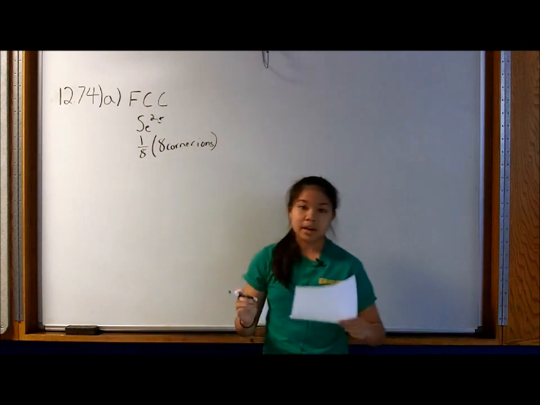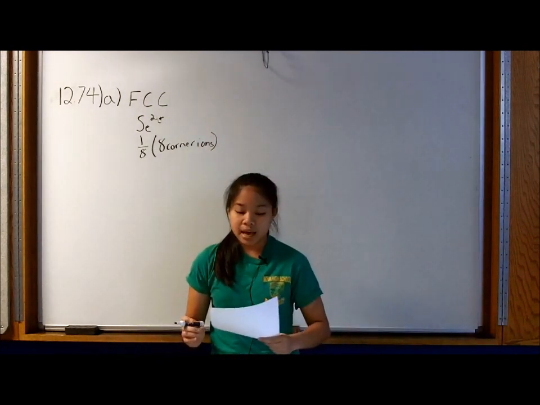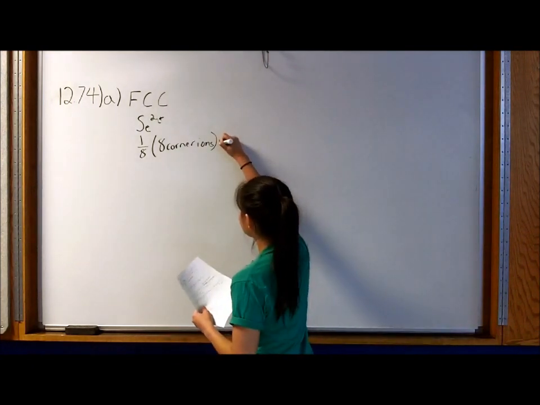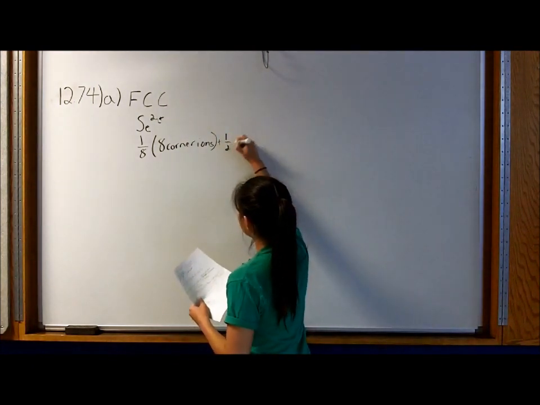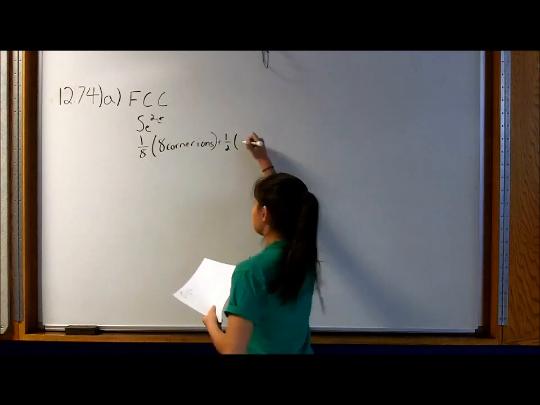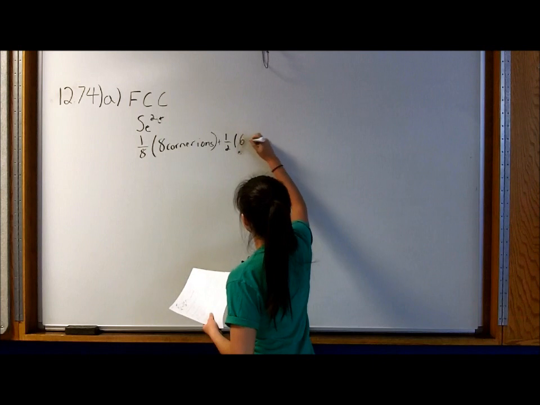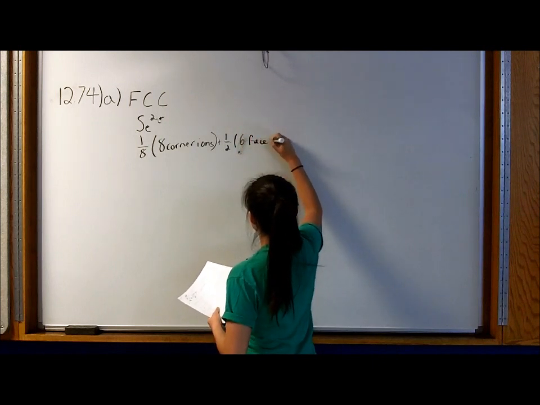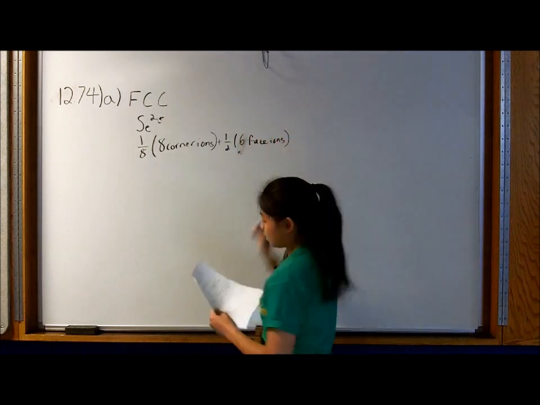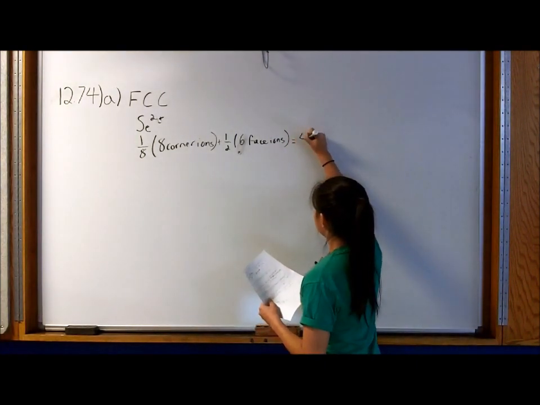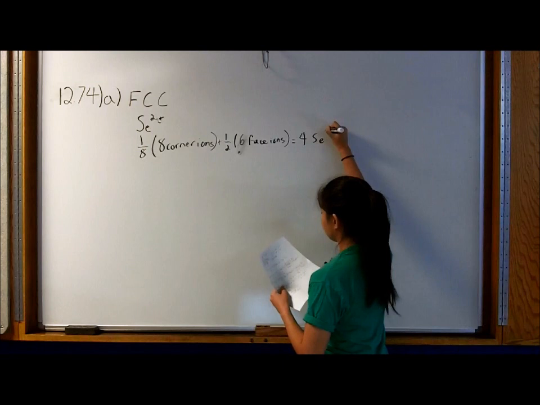And then there are 6 faces, and each face holds 1/2 of an ion. So then you add 1/2 multiplied by the 6 face ions. And when you work out the math, you get 4 selenium ions.